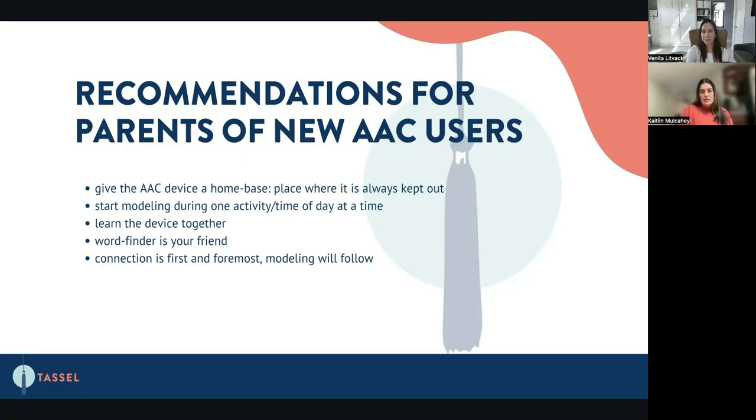Some people do an ottoman, some do the kitchen table, some do the nightstand in the bedroom. At first, just get used to having the device in your house in an accessible place. I tell them that's week 1. Don't stress about saying everything on the device right off the bat, just get used to it being in your house, in a place where your child can access it.